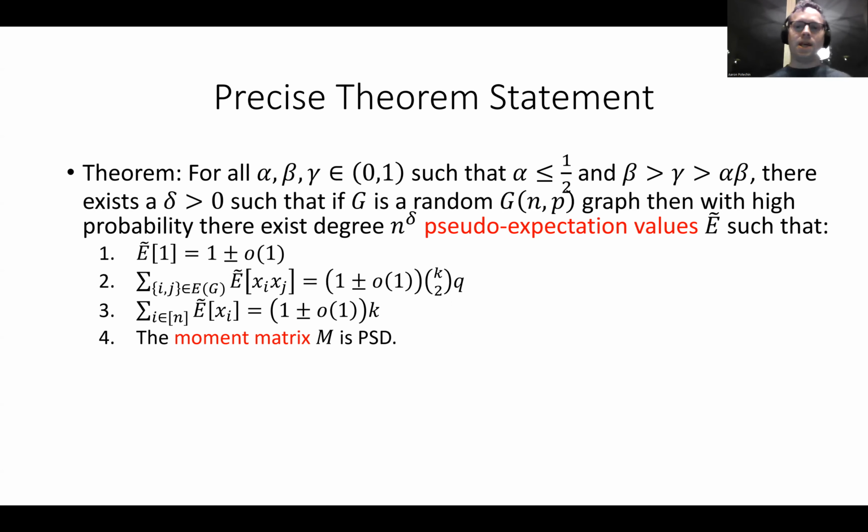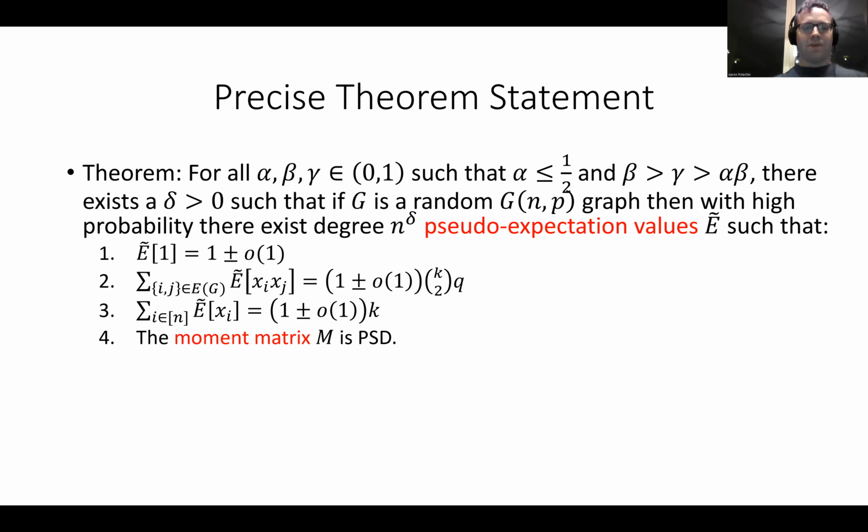So this says that SOS thinks that the planted, or the dense subgraph, has roughly k choose 2 times q edges. The sum over i of the pseudo-expectation value of xi is approximately k. This says that SOS thinks that the dense subgraph has size approximately k.